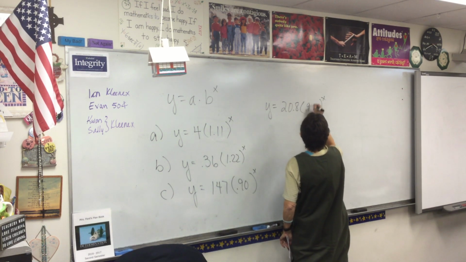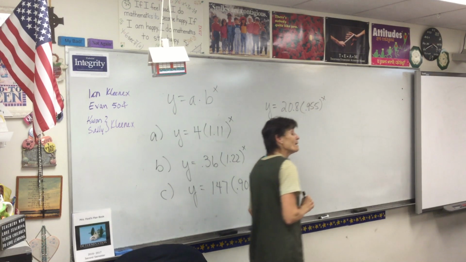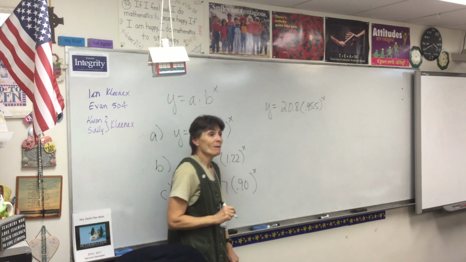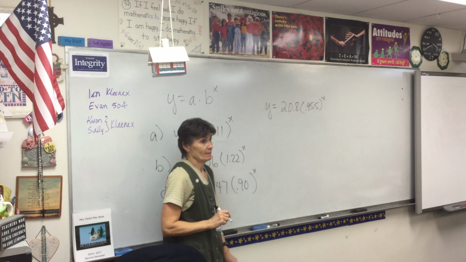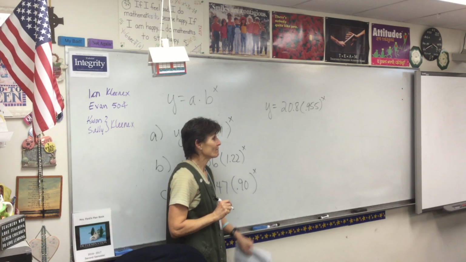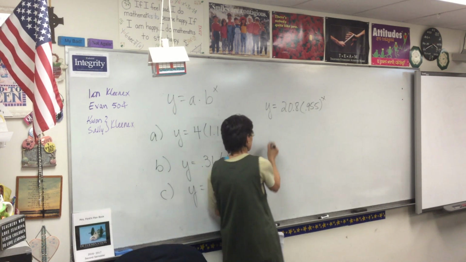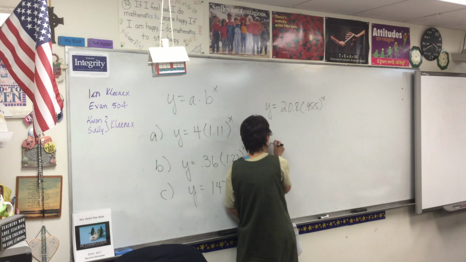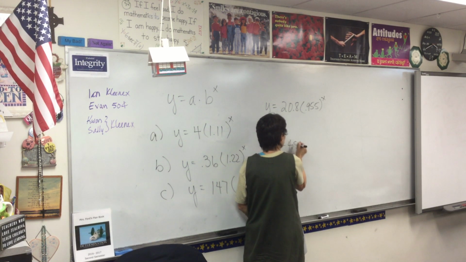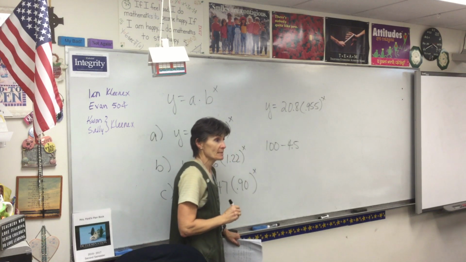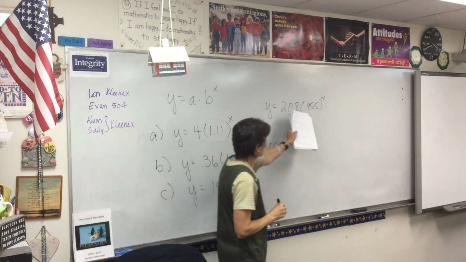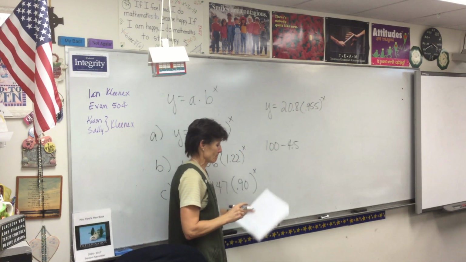Yep, 0.955. Remember, how much less than 1? Well, you're 4.5%. So that's 100% minus 4.5. So that's how we got 95.5.